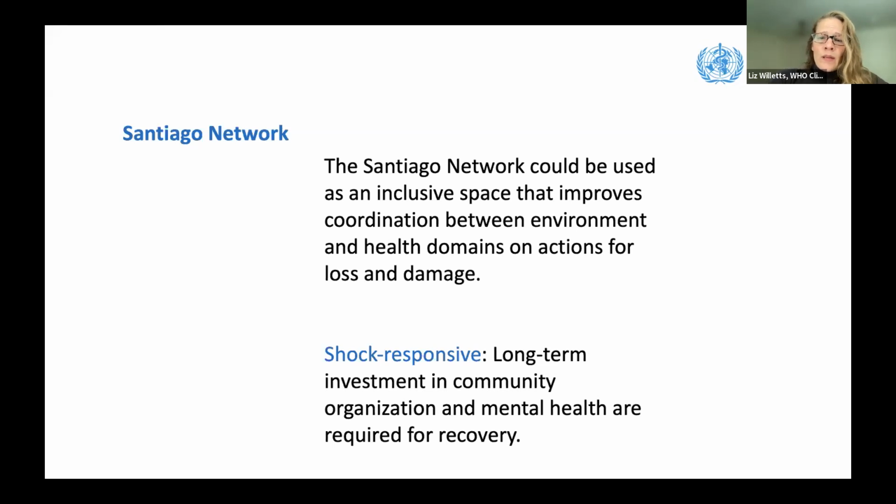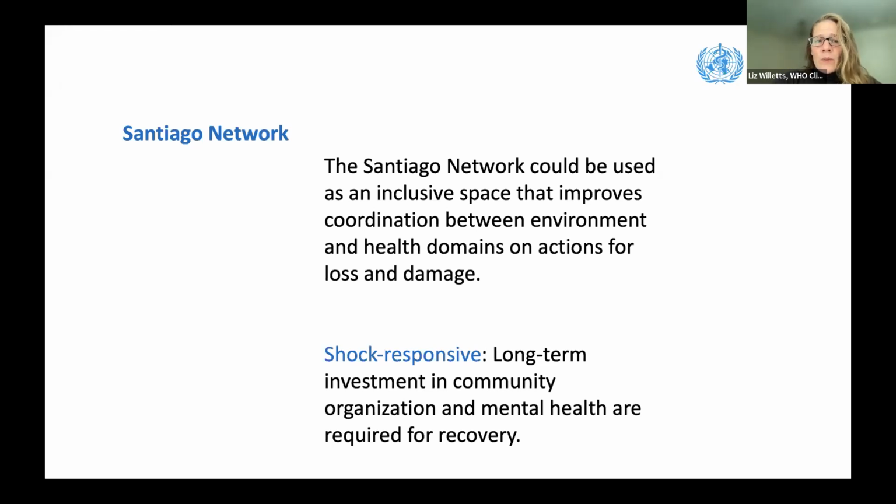And so in our view, this space needs to be very well coordinated. There are quite a number of groups that are working in this space, and at this time, I think there are two gaps. One is coordination amongst each other on loss and damage, and second, better awareness of what's being decided in the UNFCCC under the Santiago network that could affect them.